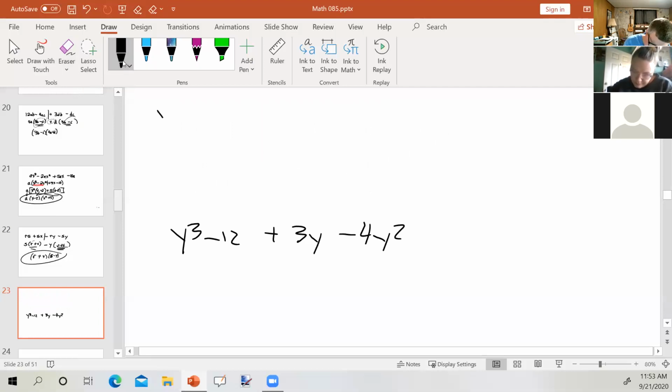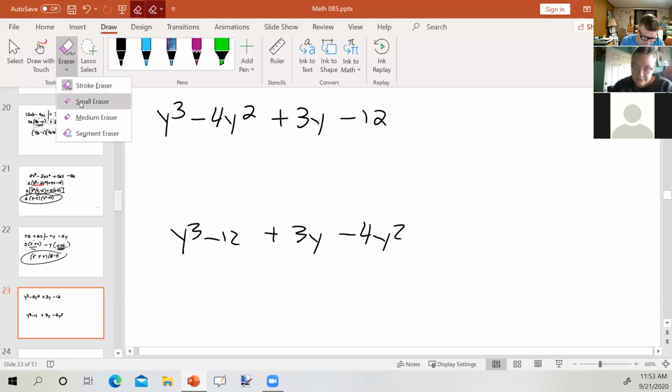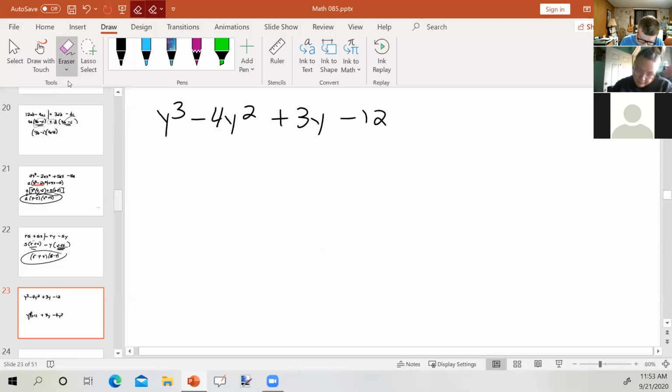So I'm going to write y cubed minus 4y squared plus 3y minus 12. Do you follow what I mean by descending powers of the variable? Okay, good. So I've put it in standard form.